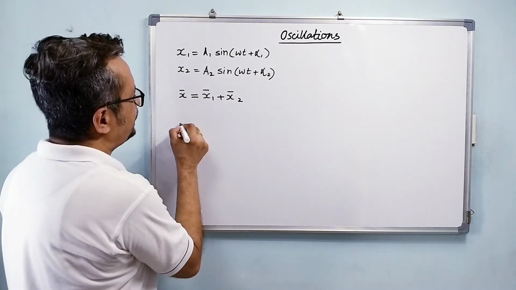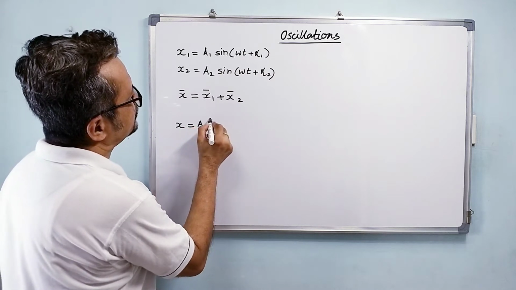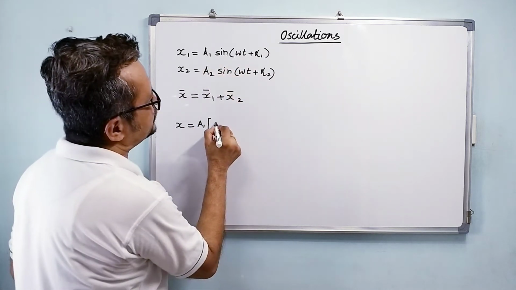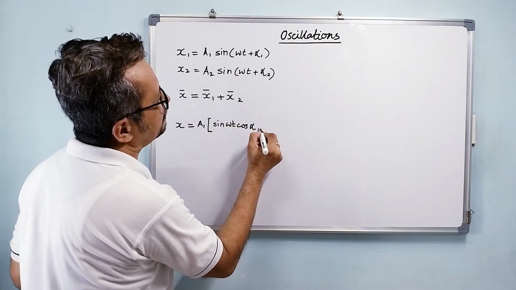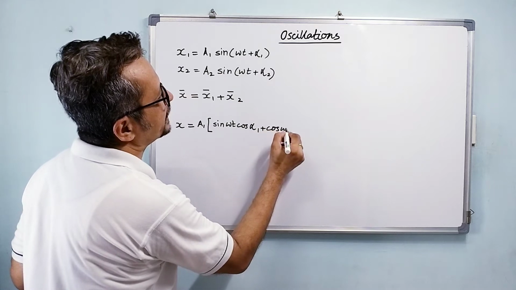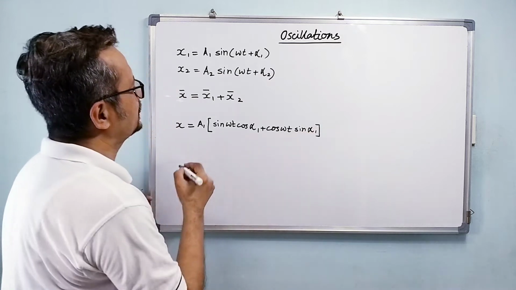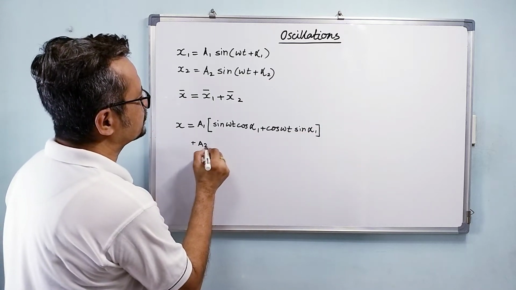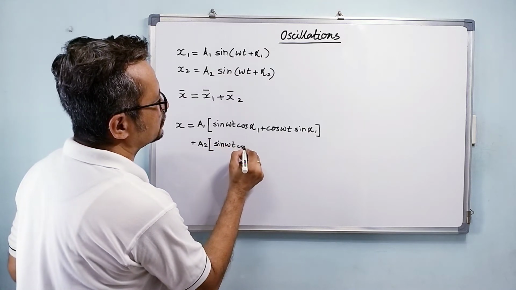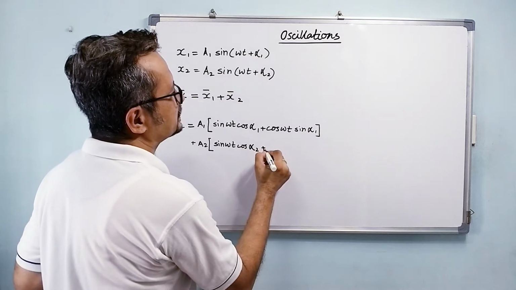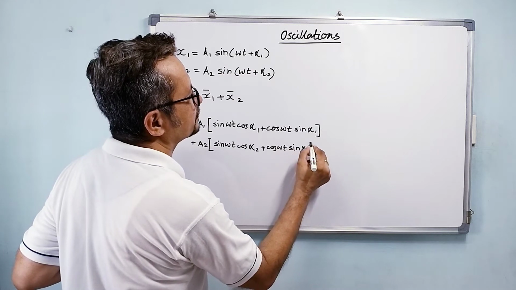So my x is equal to A1 (sin ωt cos α1 + cos ωt sin α1) plus A2 (sin ωt cos α2 + cos ωt sin α2).